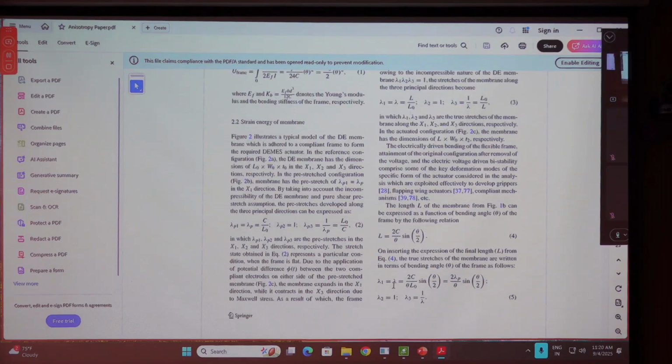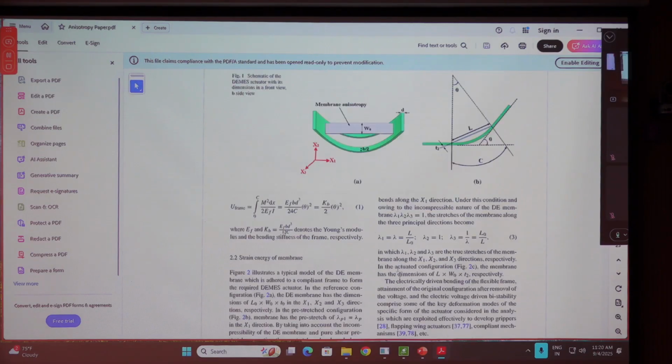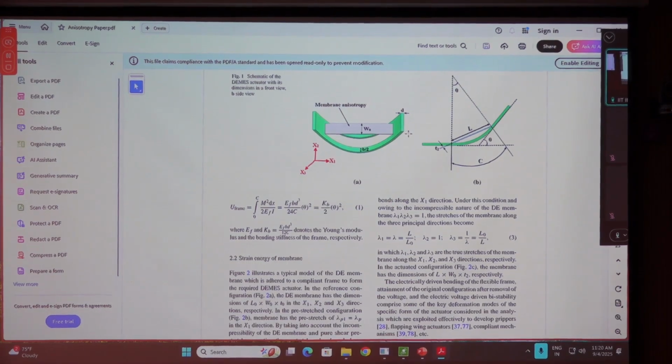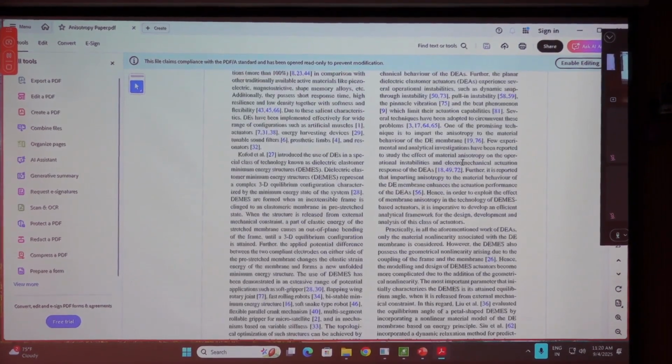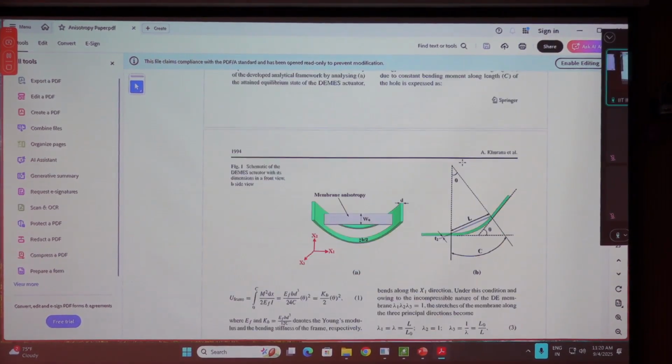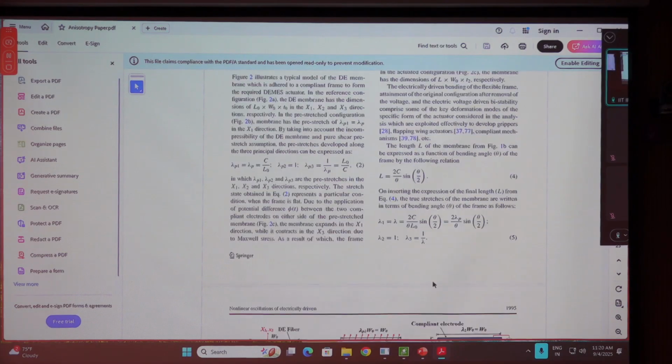Now lambda 1 is the stretch in this direction, so it is the final length upon the initial length. Initially, as I showed you in the PPT, L is equal to c, the simple rectangular frame that we considered. By putting that expression, we get the value of lambda 1 as 2 lambda p by theta times sine theta by 2.